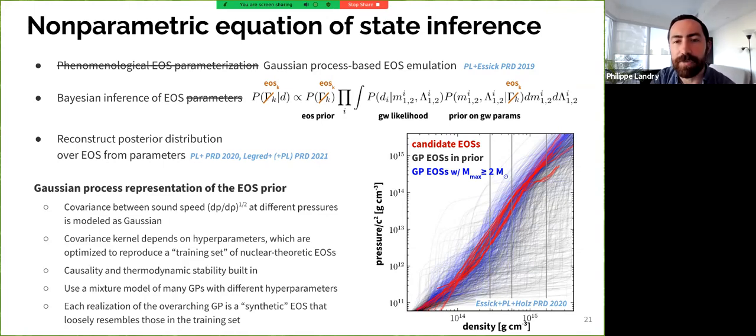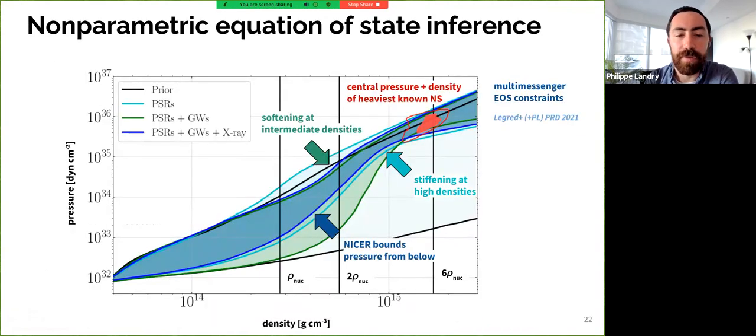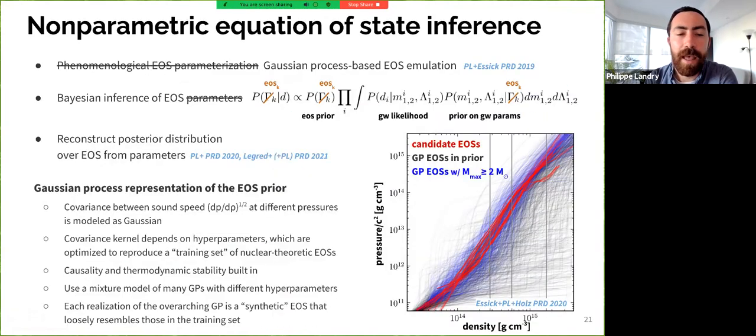So we use Gaussian process regression, or Gaussian process-based emulation, to build a model for possible equations of state that doesn't depend directly on parameters. Instead of parameterizing the function itself, we build a covariance matrix between the sound speeds, so just the derivatives of the equation of state at different pressures, where we say that the covariance between the sound speed at two different pressures is Gaussian, okay?